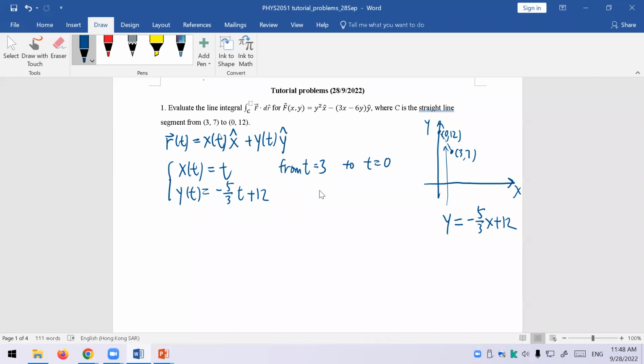Next we need to find dr dt, which is just dx dt x hat plus dy dt y hat. So I have x hat minus 3 divided by 3 y hat.